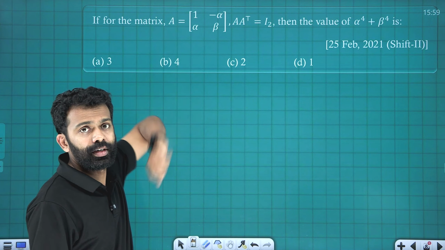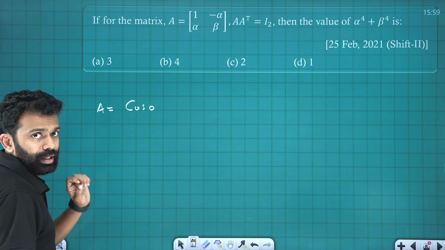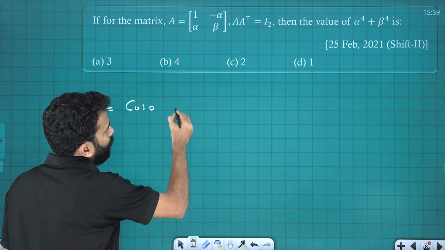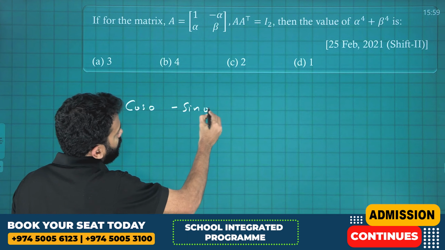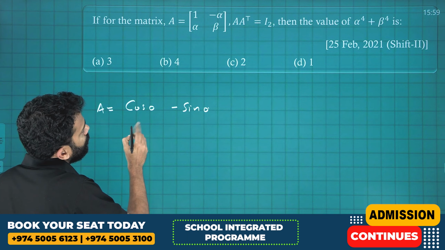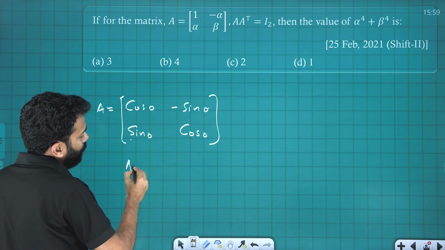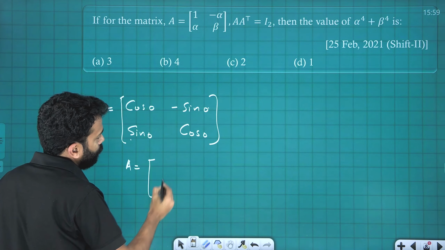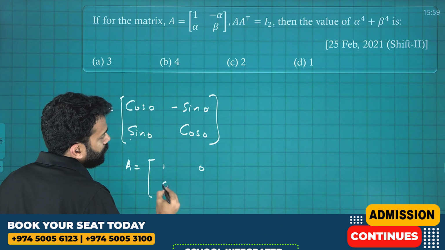Since it's an orthogonal matrix, I'm converting it into that trigonometric matrix. Okay, for cos 0, minus sin 0, sin 0, cos 0. Okay. And if you apply the angle part, it will be 1, 0, 0, 1.